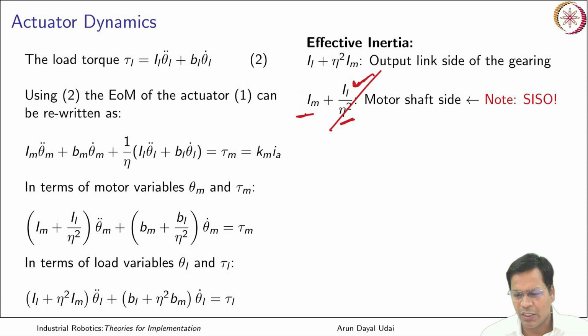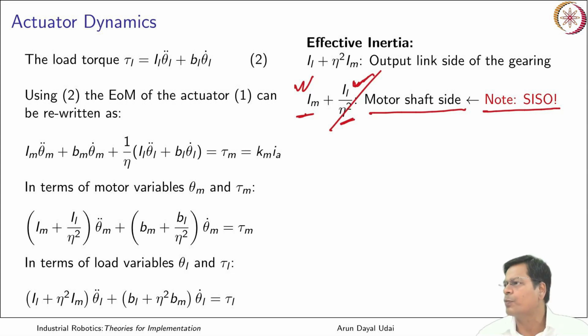The motor shaft inertia will only feel its own, and hardly any effect is there due to the link moment of inertia, due to the gearing. That is the reason I told you earlier why we can drive industrial robots using a single input single output system.